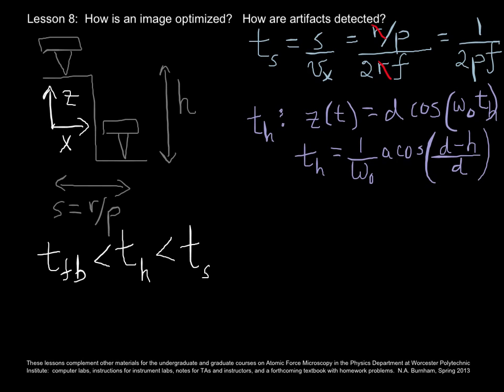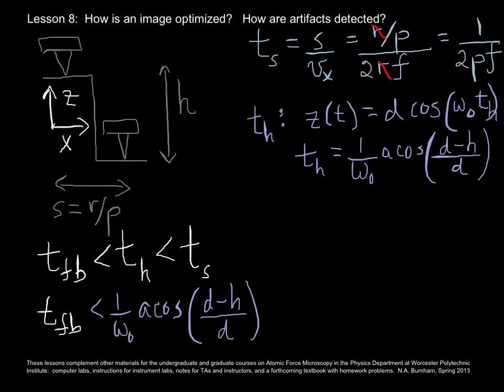So there we go. Now, pulling all these together and putting them back in the equation on the lower left, what we get is that the feedback time response, which you control through the gain, must be less than 1 over omega 0, resonant frequency, arc cosine, set point deflection minus the height of the feature divided by set point deflection.